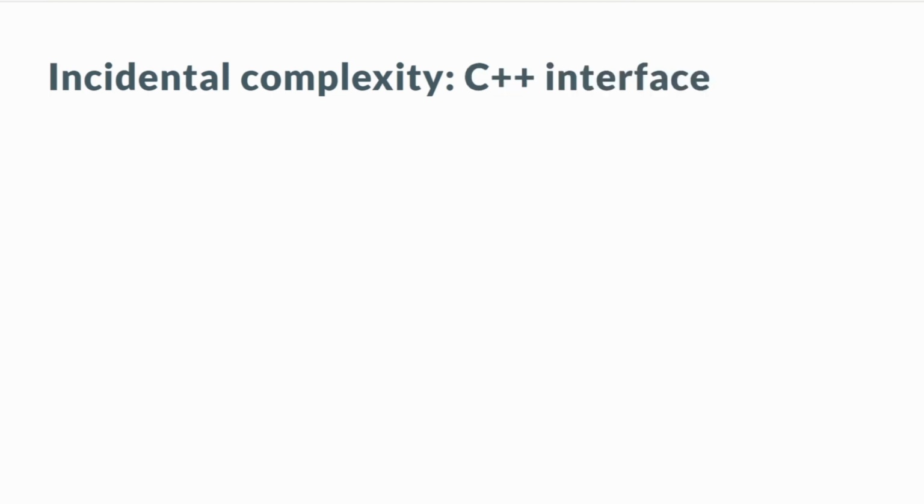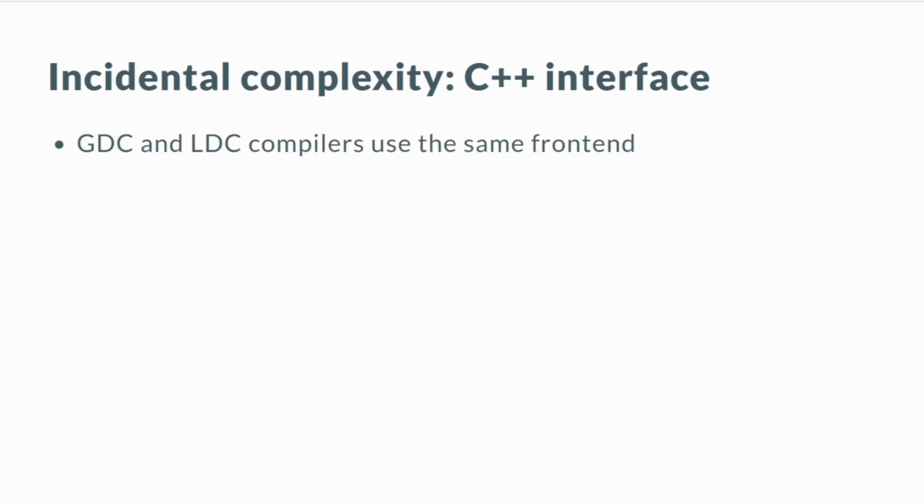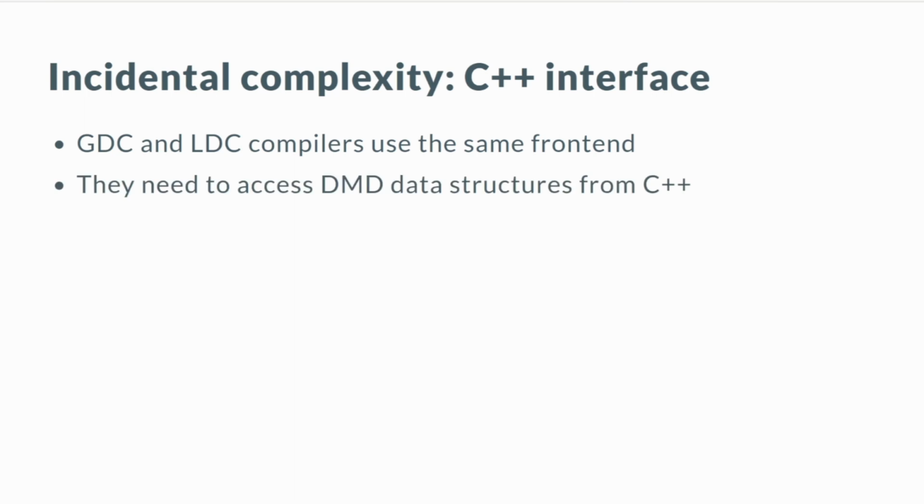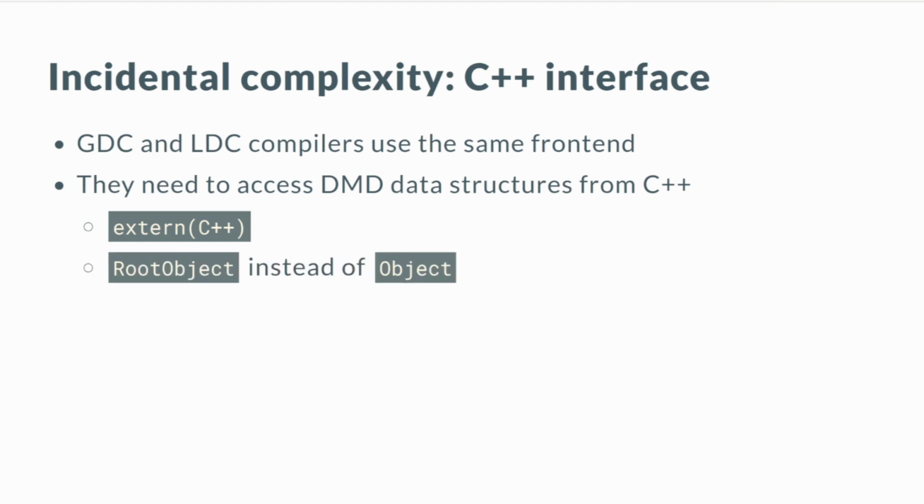Another source of complexity is the C++ interface. The GDC and LDC compilers use the same front-end code as DMD, but they are written in C++ and need to access DMD's data structures from C++. Therefore, a lot of functions and data structures are annotated with extern(C++). Also, RootObject is used as a top-level base class instead of the regular Object, because it needs to be accessed from C++.